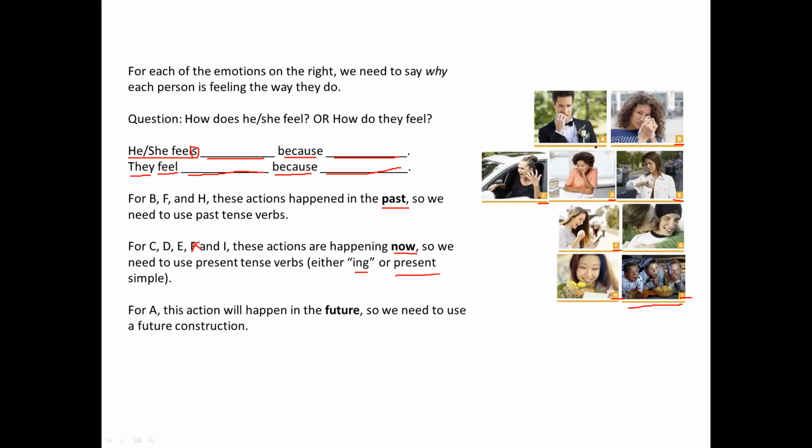There's one different one, and that's picture A. Picture A, this is something which will happen in the future, a short time in the future. So we need to make a sentence with a future tense. So just remember, here is how to make your sentence.